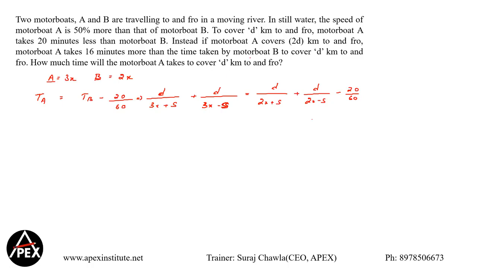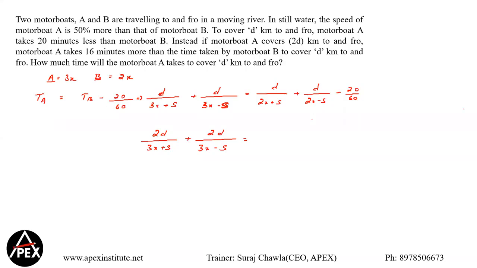Now, instead, if motorboat A covers 2d kilometers to and fro, this becomes 2d divided by 3x plus s plus 2d divided by 3x minus s, is equal to, what is it equal to, guys?